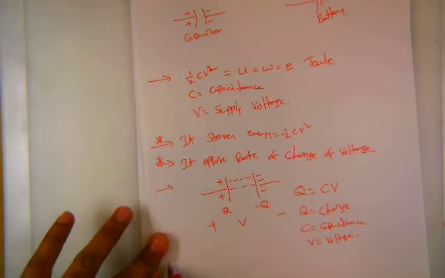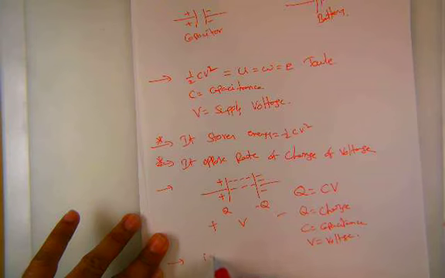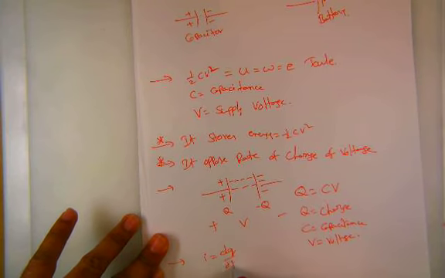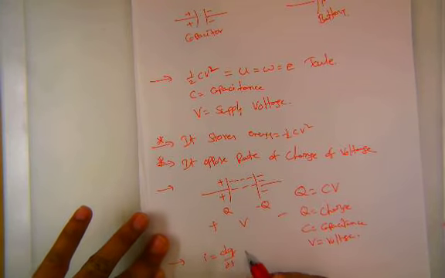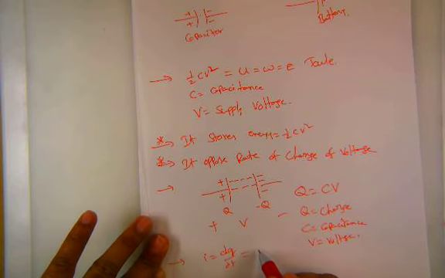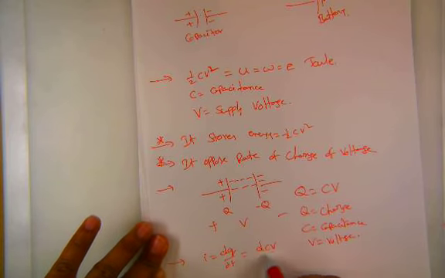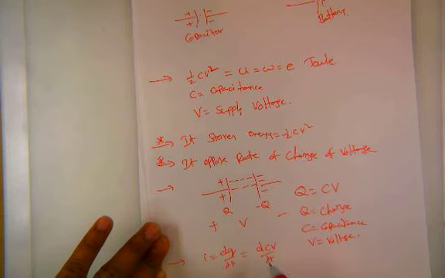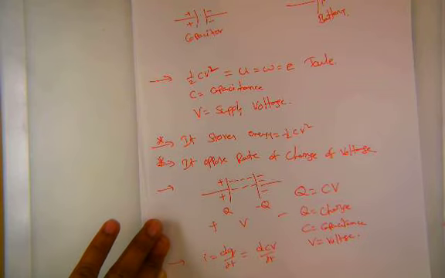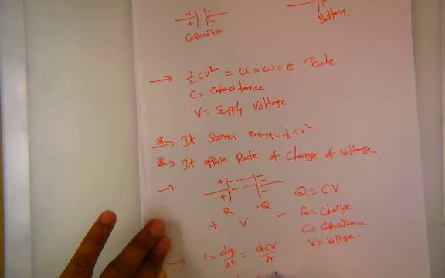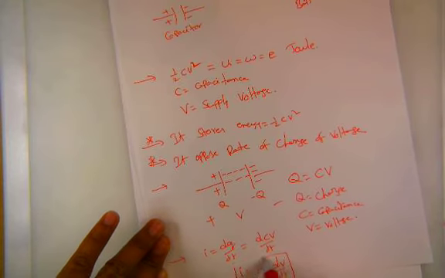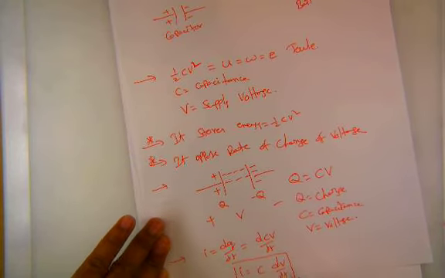We know that current I equals dq by dt. So if I use Q equals CV, I equals d(CV) by dt. C is independent of time because once you make the capacitor, that value is constant. So I equals C times dV by dt. So if the voltage does not change with respect to time, there is no current passing through it.